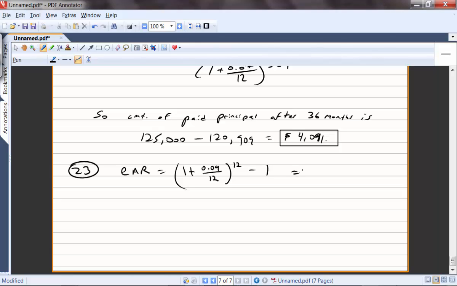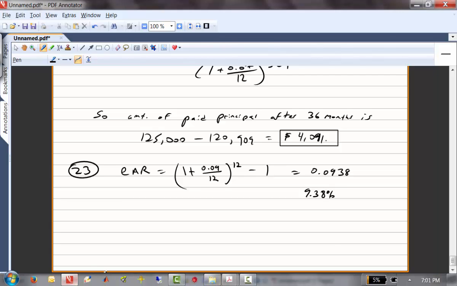So the effective annual rate of interest on the other alternative is 9.38%, basically. That's the rate we want to use in valuing the investment that they're telling us about.